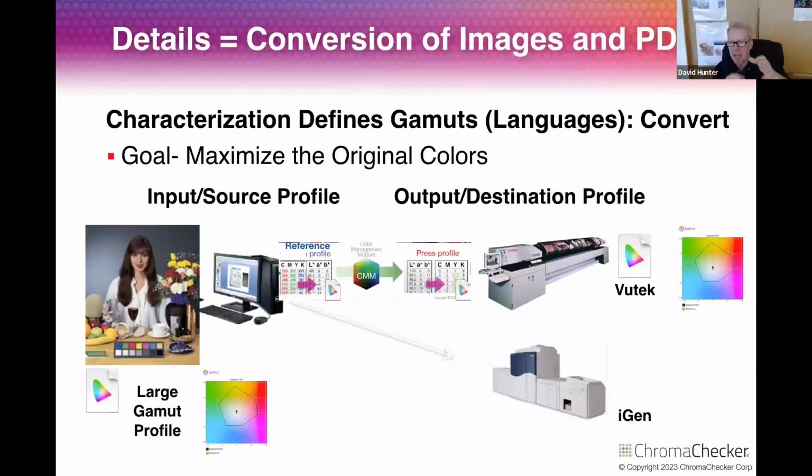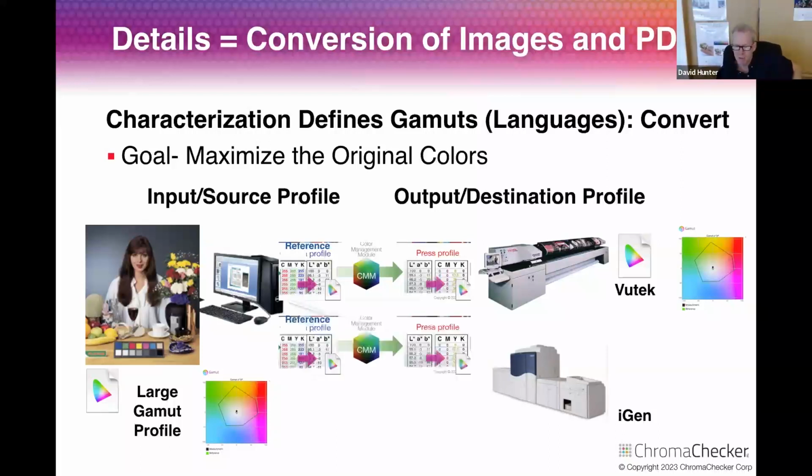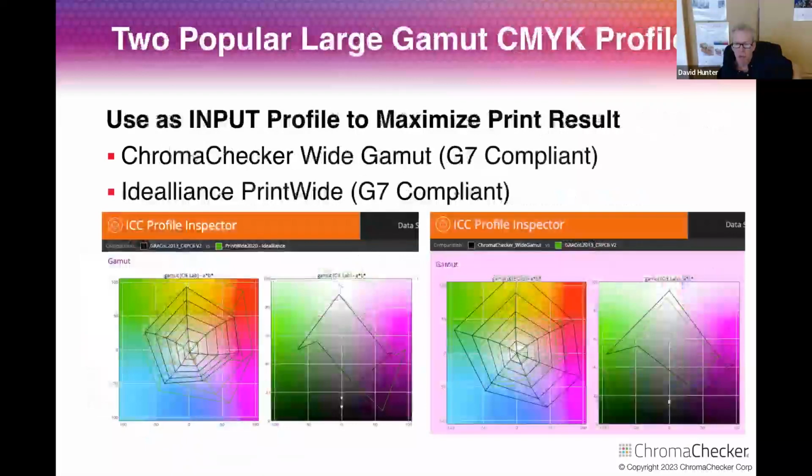But using this methodology of using an ICC profile as the source, a large CMYK ICC profile as the source, and then your output profile where you've got the ink limited to the maximum amount on the best paper, you can get phenomenal color results on your printers. And so I get the color results on both printers, and they might not match one another, but they will have a shared visual appearance with one another.